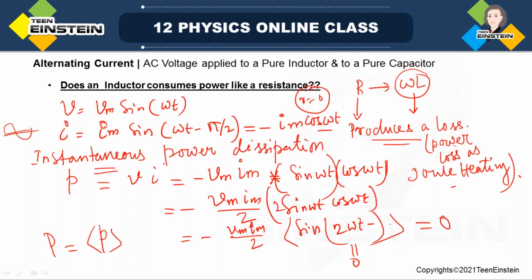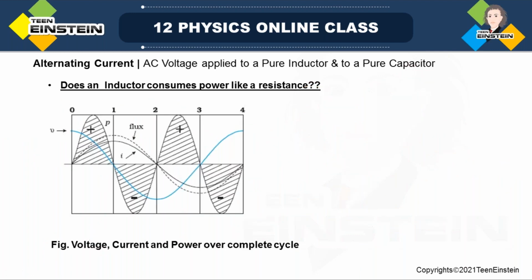So now let us see physically what this means. Average power 0 means what, and how is it happening that average power is 0 in an inductive circuit? When an AC signal is applied to a pure inductor, how is the average power becoming 0, or how is the inductor not consuming any power?